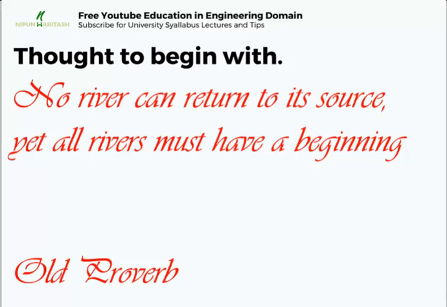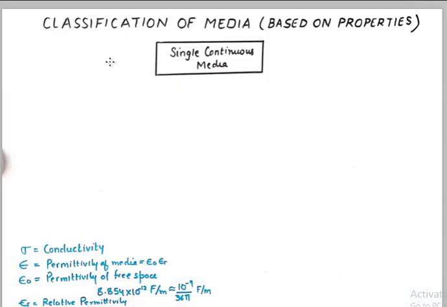Before we discuss the single continuous media types, I'd like to highlight a few key points here. We'll discuss the properties of lossless and lossy media based upon these parameters.